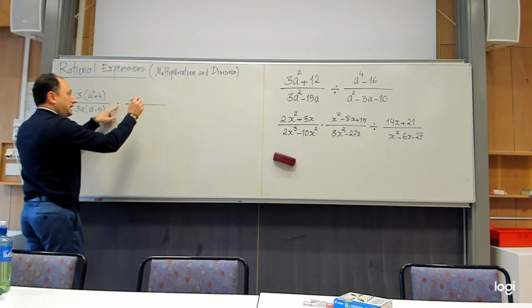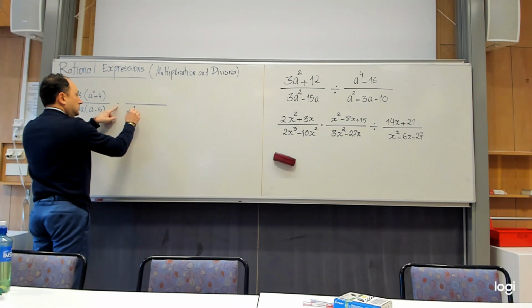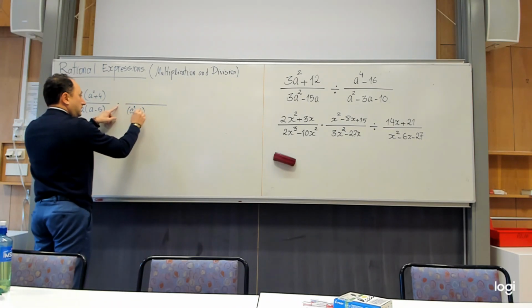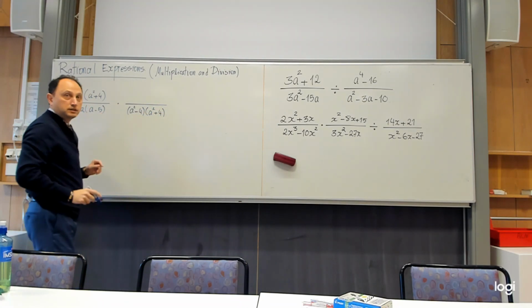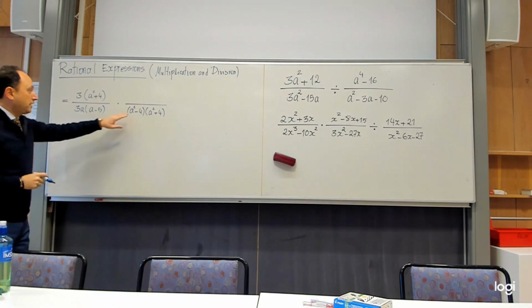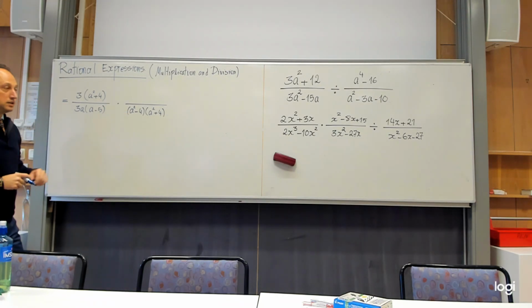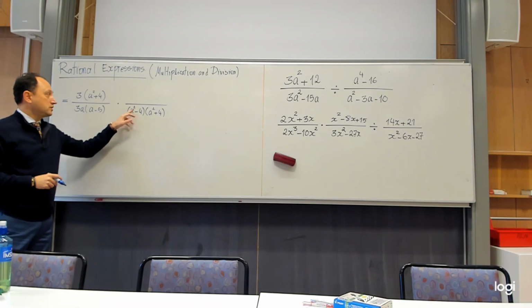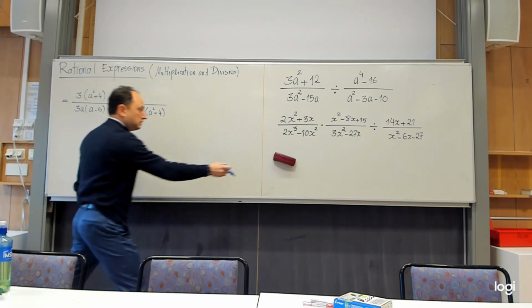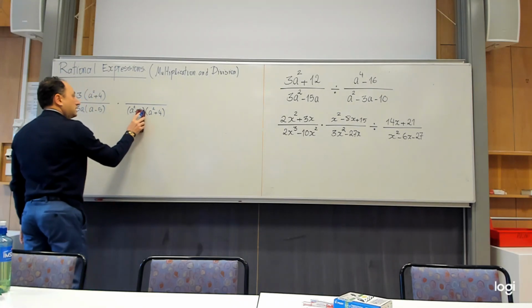So that becomes a to the 2 minus 4, a to the 2 plus 4. Is that understandable? Okay. But can I factorize this even more? This one no, but this is again a conjugate pattern. So instead of a squared minus 4, what can I write? A minus 2, a plus 2.